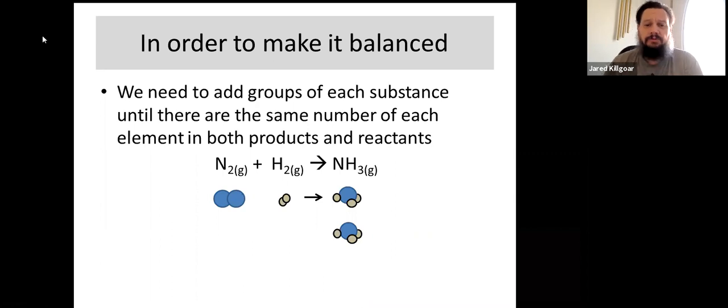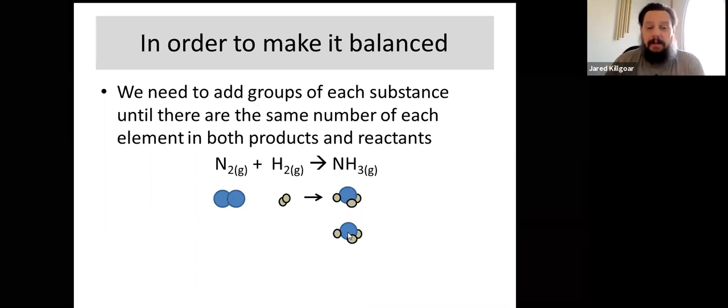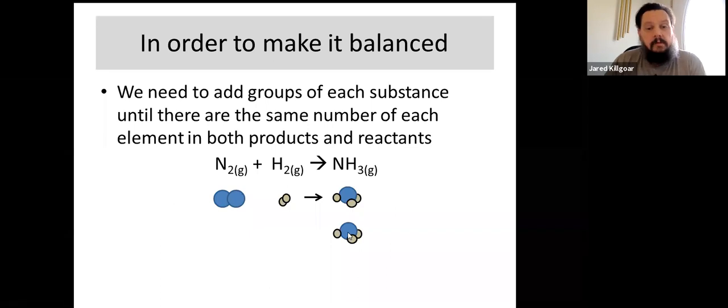There are no lone nitrogen atoms. I have to add an entire group of NH3. So now my nitrogen atoms are balanced because I have 2 nitrogen atoms on the left and 2 on the right. But my hydrogen atoms are not balanced yet. I have 6 on the right and only 2 on the left.